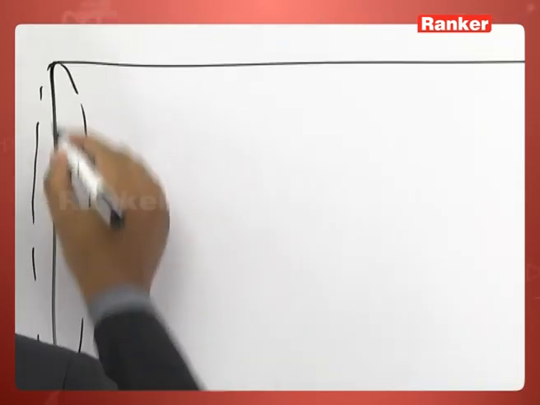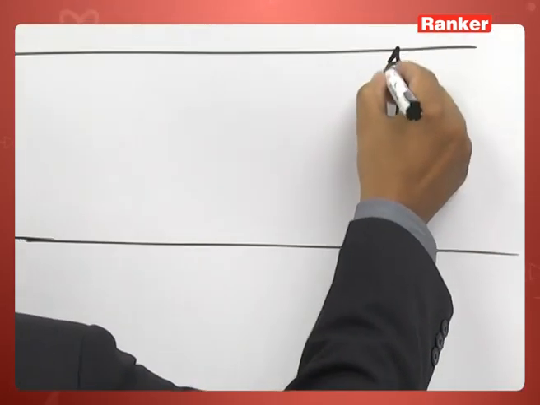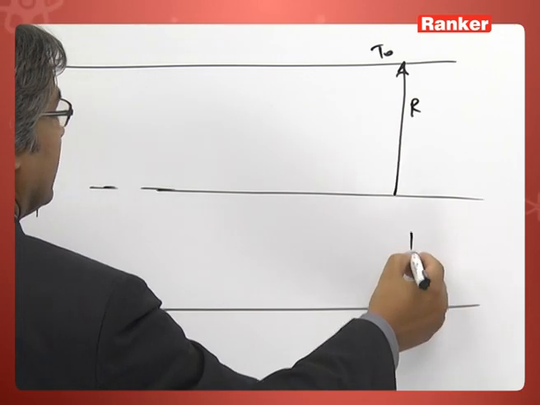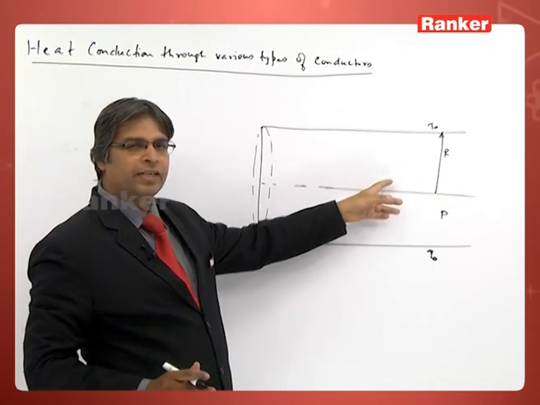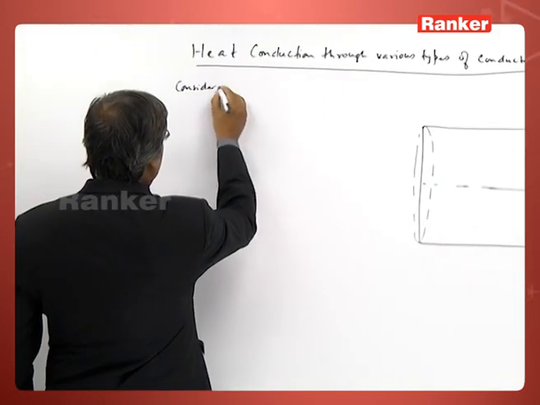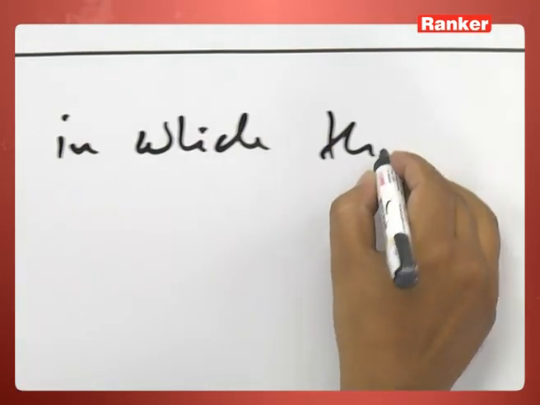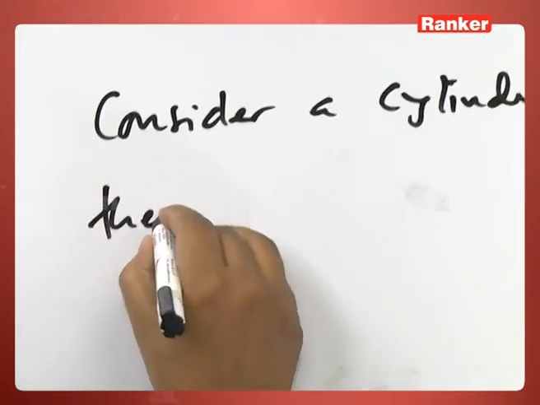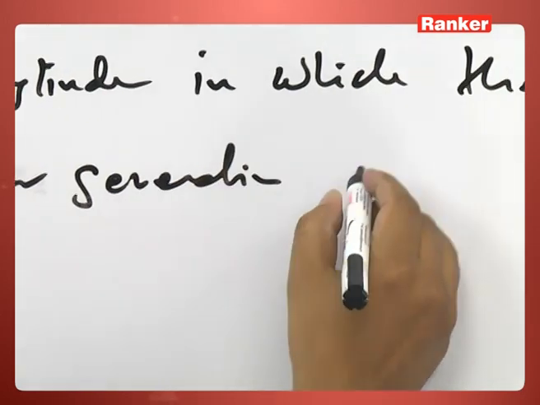So, I am just drawing the cross section of a cylinder of outer radius r, and the temperature outside is T naught, and inside the bulk throughout we have a thermal power generation at a constant rate of P. So, consider a cylinder in which there is a constant thermal power generation P.